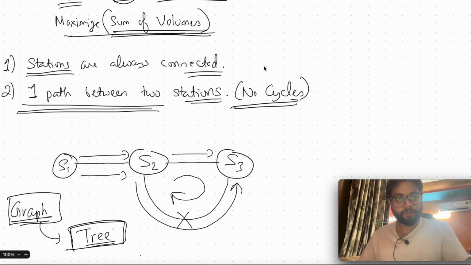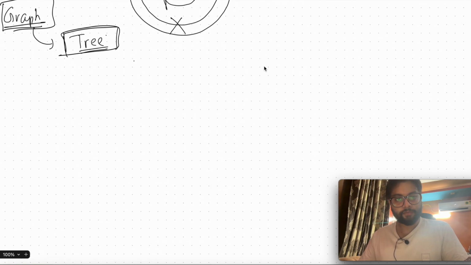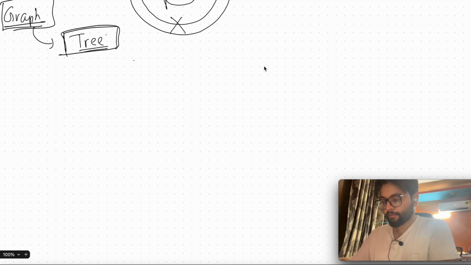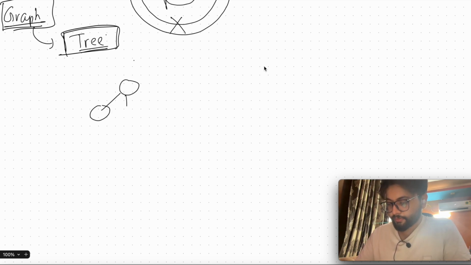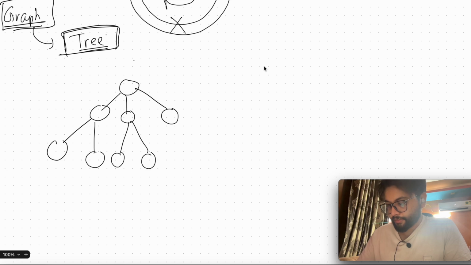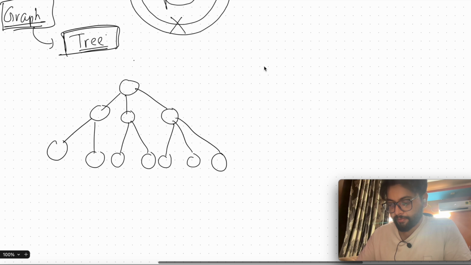So if I scroll down here, our structure looks something like this, right? I'm just building up an array tree maybe, right?